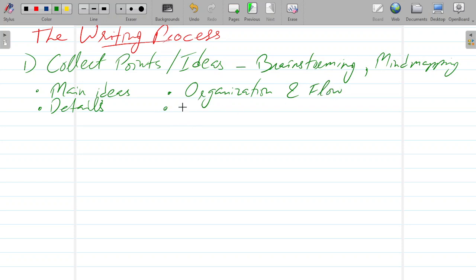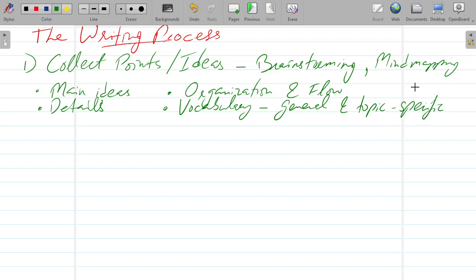And you definitely want to think about the vocabulary that you're going to use. Within vocabulary, you've got two kinds. You've got general vocabulary, the kind of words that you would use no matter what it is you're writing about, and topic-specific or topic-related vocabulary.